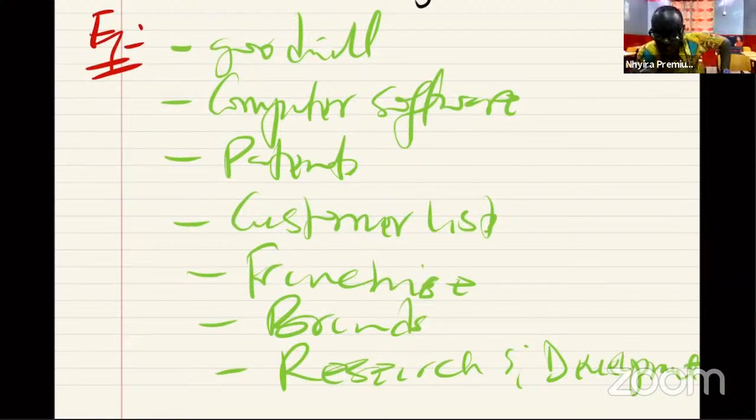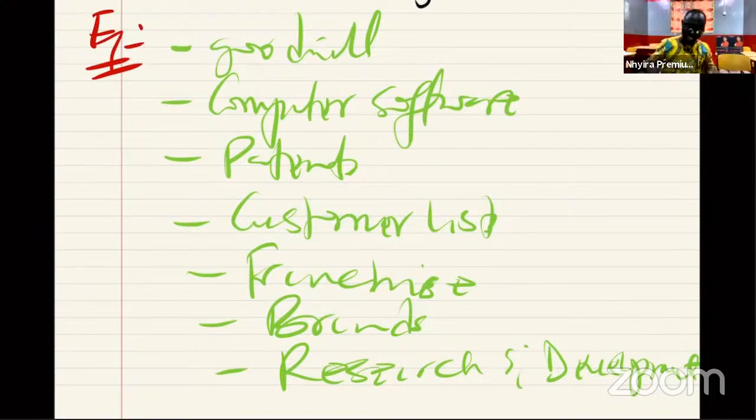All these are examples of intangible assets.